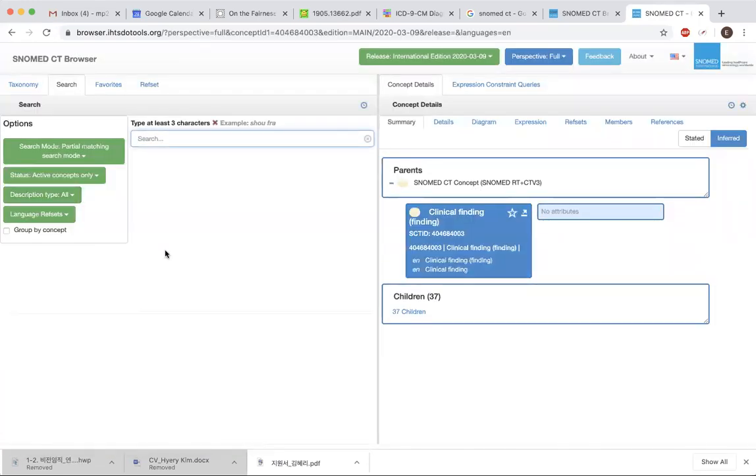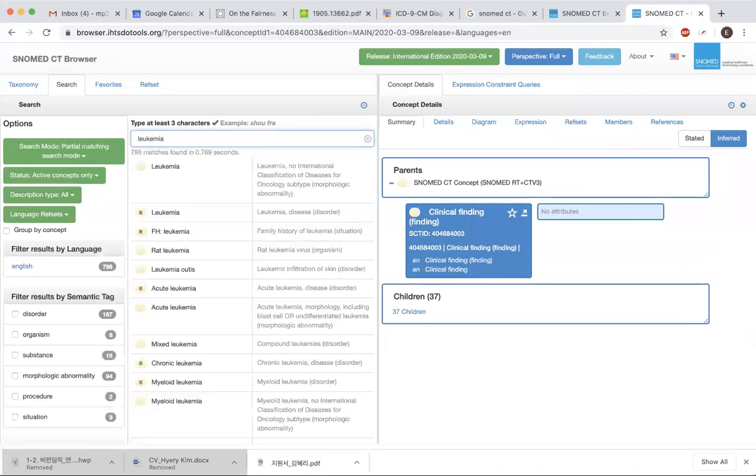all right, so SNOMED, there are way more relationships than just parent-child relationship. I think there is like the reason of, or body site of. Let me see. Maybe I can just search for something. Leukemia. All right, leukemia.